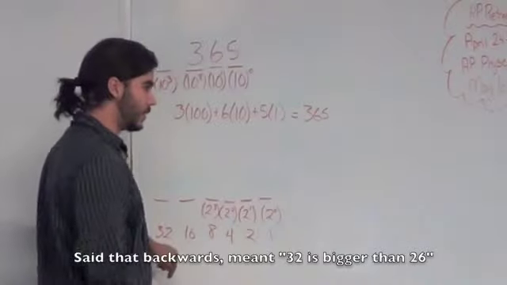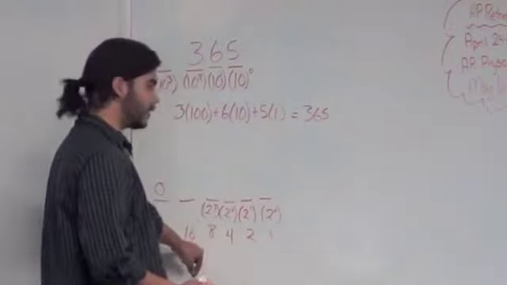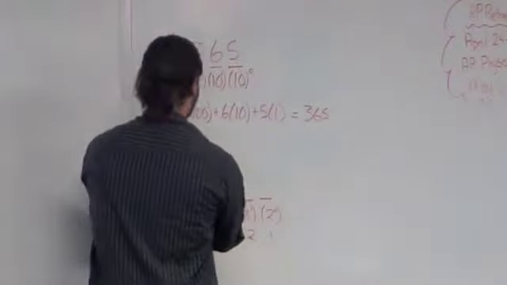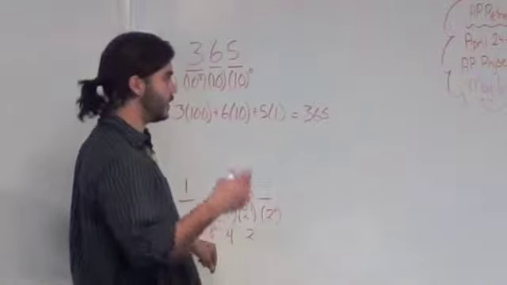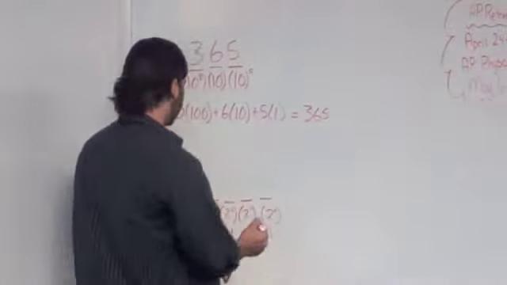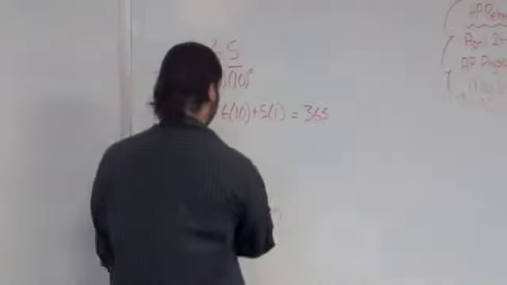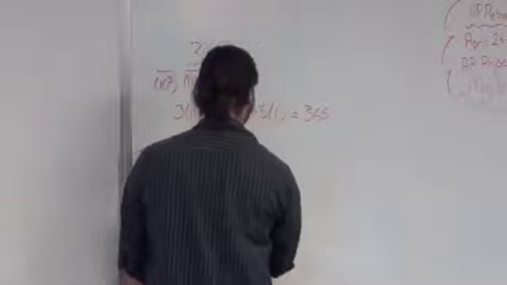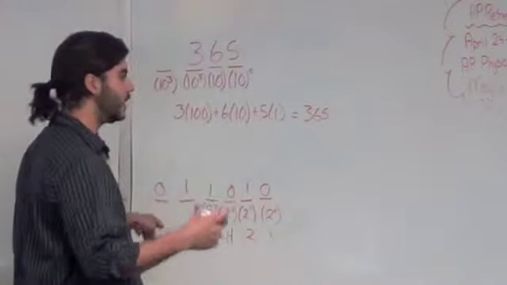Well, 26 is smaller than 32, so we can't have anything in the 32s place. But we can have something in the 16s place, so we're going to have 16 there. Now, how many do we need to get to 26? We need 10 more. To get to 10, you're going to need an 8 and a 2. You fill in the rest with zeros, and that means 26 in binary.